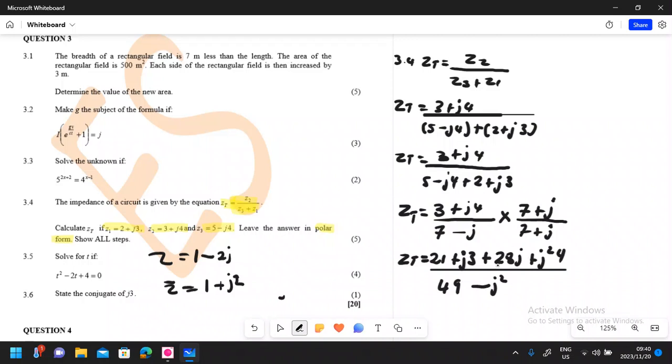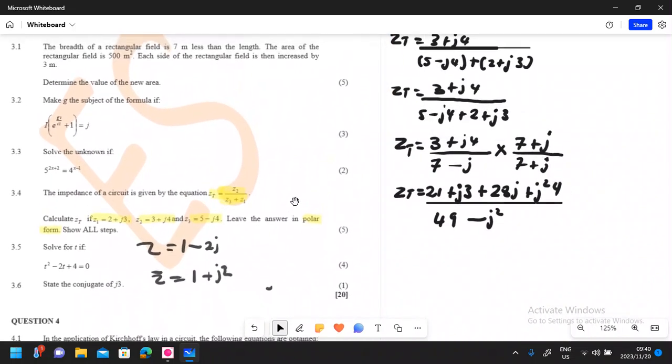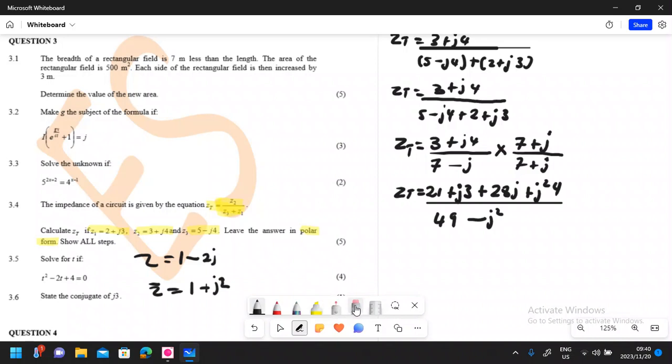But you can do the multiplication if you feel like something is missing here. So let me create more space for us so that we can continue and solve this problem. All right, so what you need to know, guys, is the fact that we have j squared.